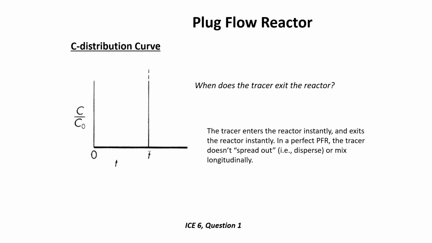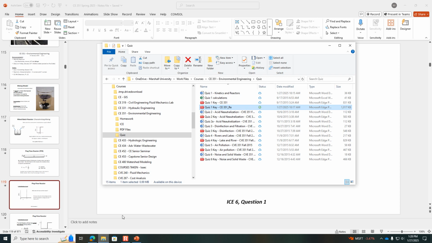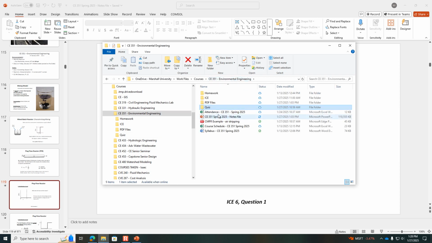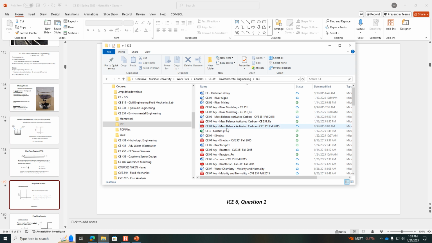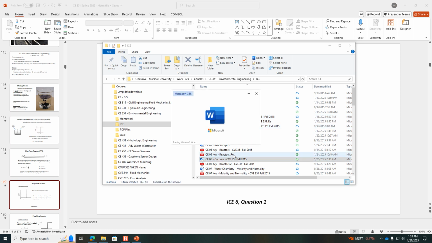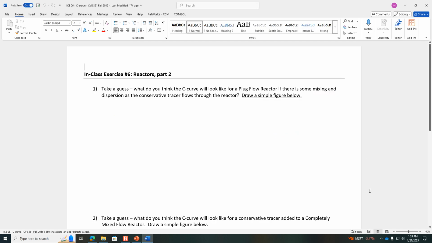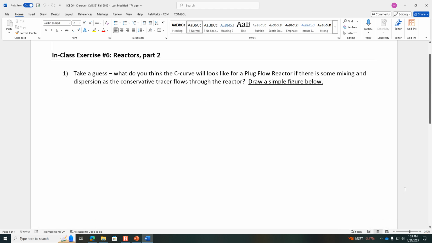So let me give you today's in-class exercise. I'm going to ask you to speculate here. It's something that you haven't necessarily ever heard before, C curves, so you can be forgiven if you get it wrong. It's very low stakes, but I do want you to think about, for these reactors, what would the C curve look like if there has been some mixing and dispersion? In other words, if it's not a perfect reactor, what would the shape of the C curve look like?